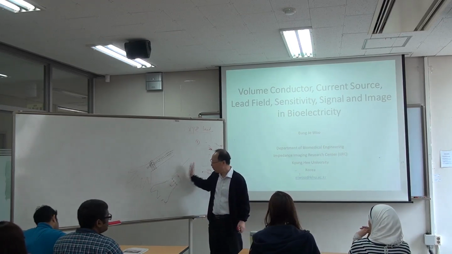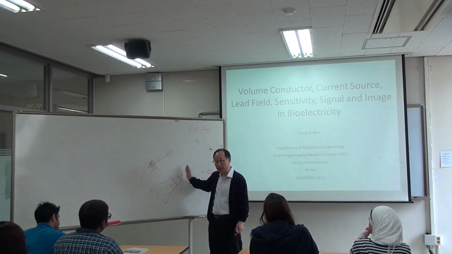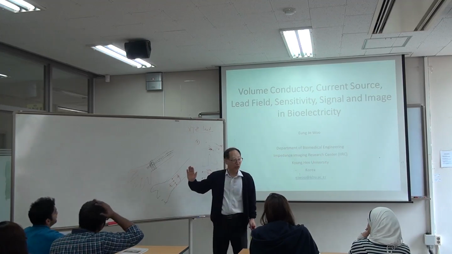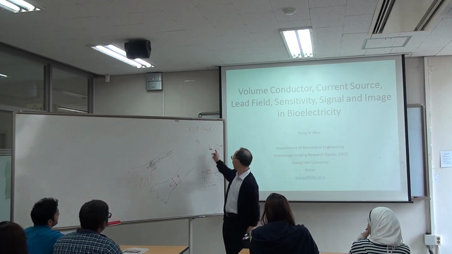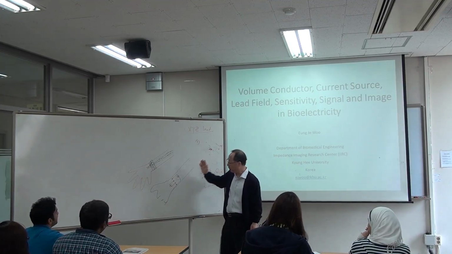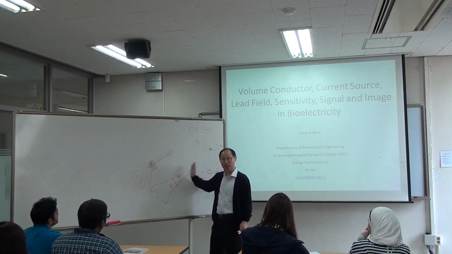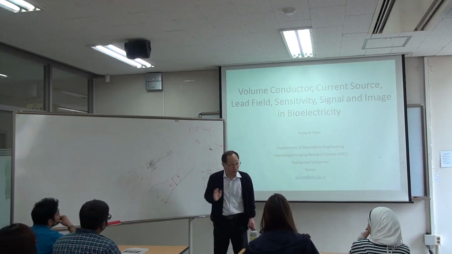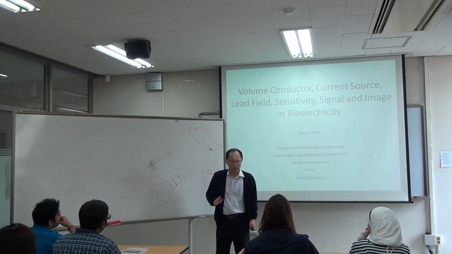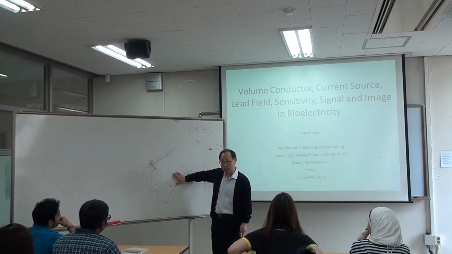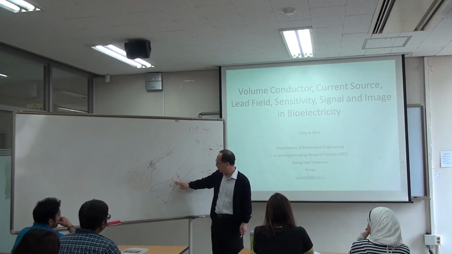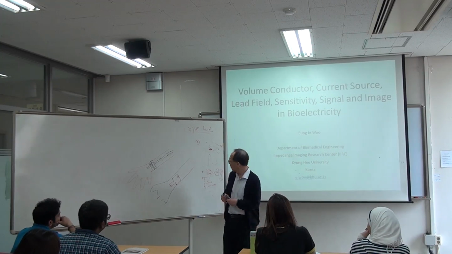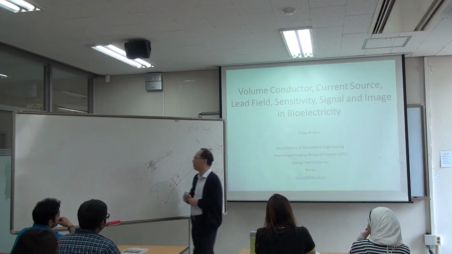Current injection is going to be equivalent to what? Internal current source. So let's forget about current injection. Now let's think about voltage measurement only. So forget about this thing. So what's going to be the lead field using these two electrodes? It's going to be something like this.